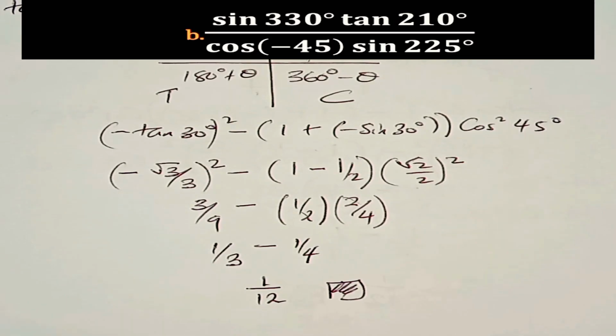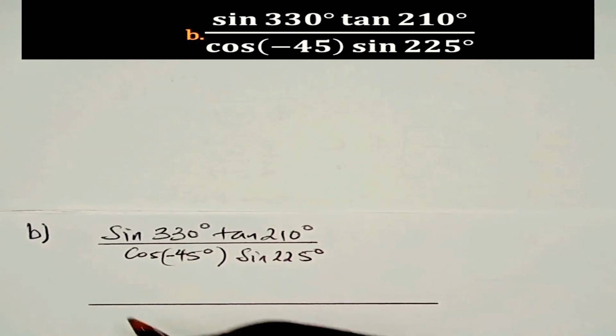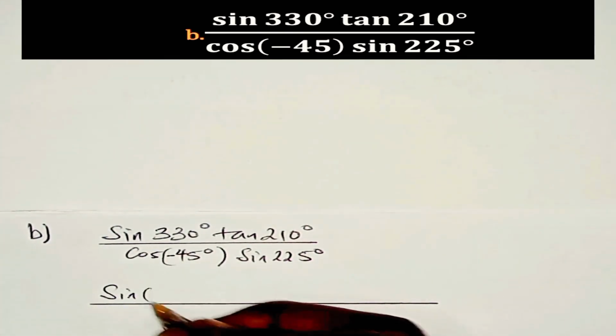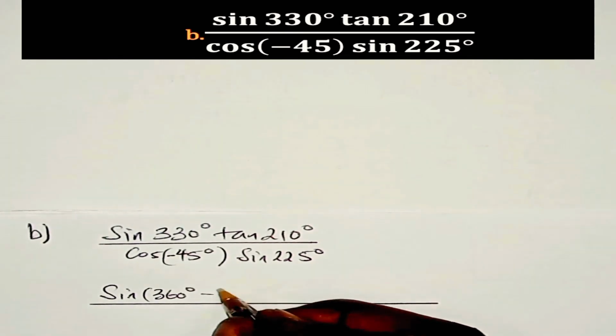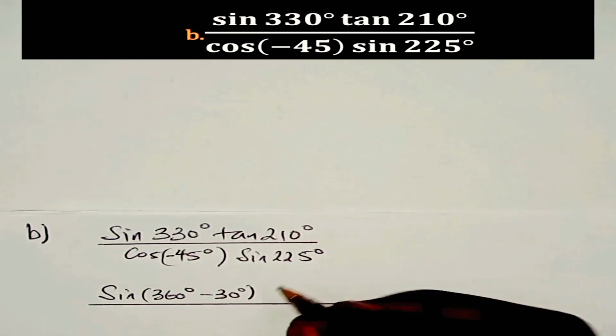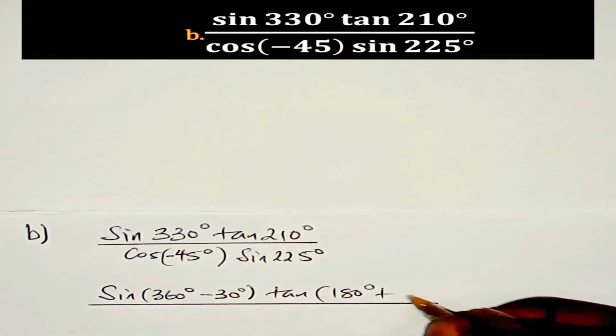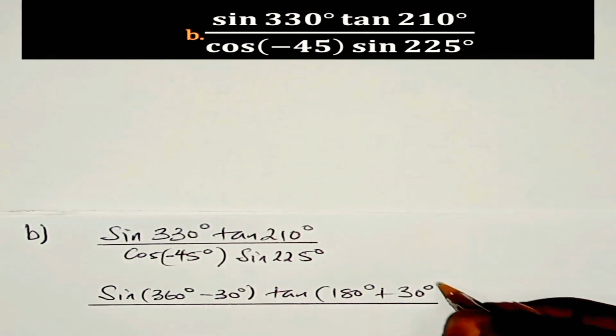Now let's move on to part B. Let's rewrite these expressions. Sine 330 degrees can be written as sine of 360 degrees minus 30 degrees. And tan 210 degrees is tan of 180 degrees plus 30 degrees.